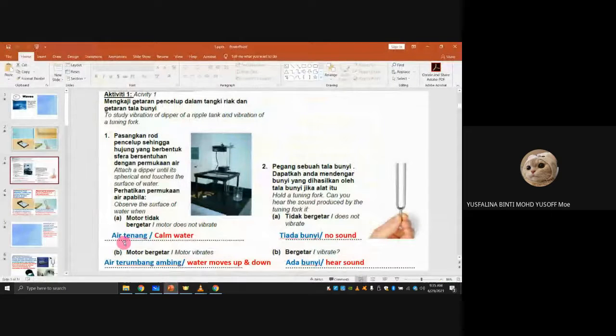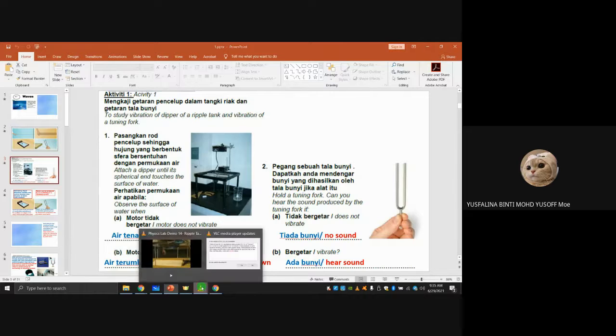I just want to show you what it means when it says that when the motor does not vibrate, the water is very calm. But when it vibrates, the water will move up and down and produce waves like this. So this is called a ripple tank.